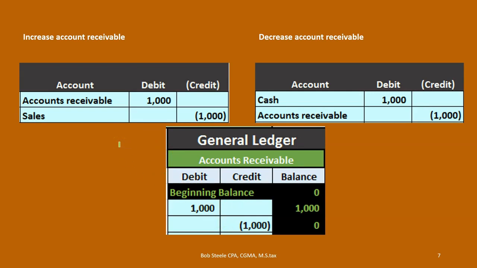So when accounts receivable goes up, what's happening to the income statement is that we're increasing net income. Net income is going up because the income went up. Net income is income minus expenses. But no cash was received at that time. So under a cash basis, we're increasing the net income when we shouldn't be, because on an accrual basis we should, because that's when we earn the money.